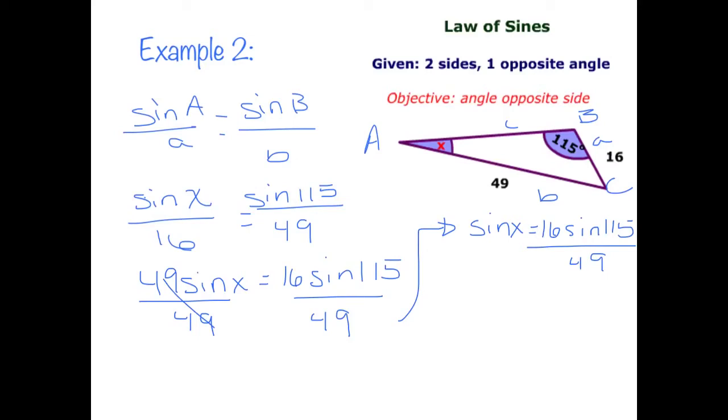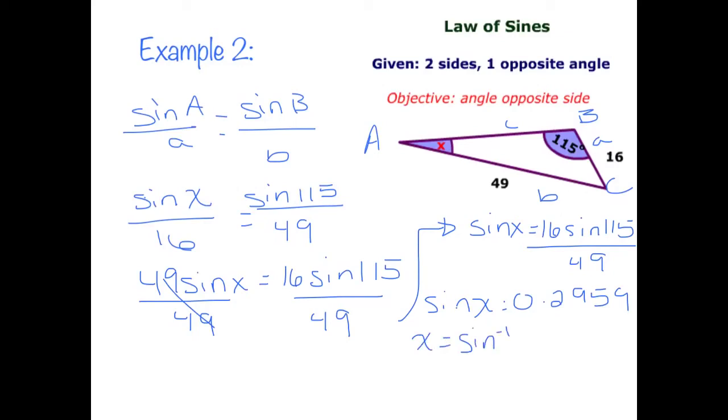So I'm going to solve for the side on the left here. 16 times the sine of 115 divided by 49. And I get the sine of x is equal to 0.2959. I can finish this up on my calculator because I need to take the inverse sine of both sides.